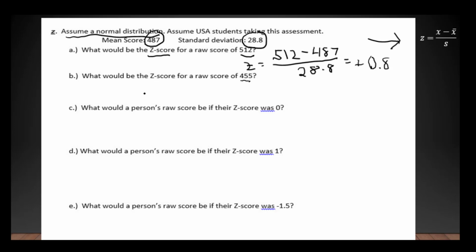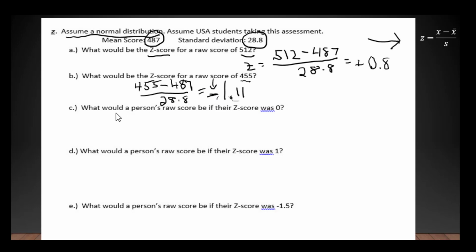I'm just going to start this and I'll put in the answer, but remember the 455 is the score. So it's the score minus the average divided by the standard deviation. And if you work that out, you'll get a negative 1.11.